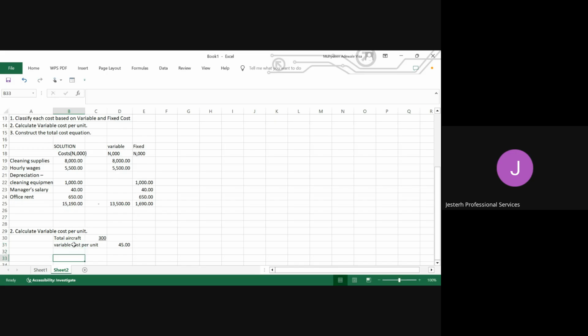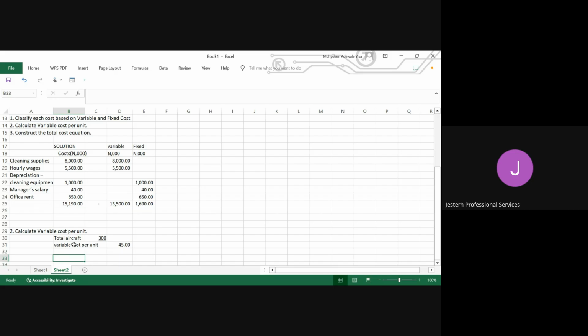It means we render the service to each of these aircraft at 45 naira. The total variable cost is 13,500, and we render service to 300 aircraft. Just divide the variable cost by the total aircraft, then you arrive at your variable cost per unit.